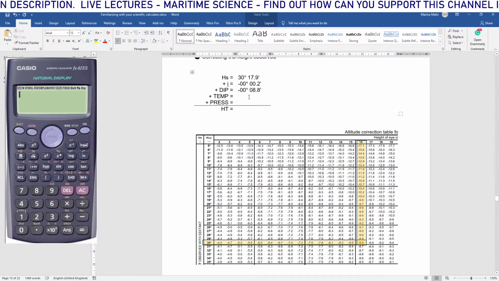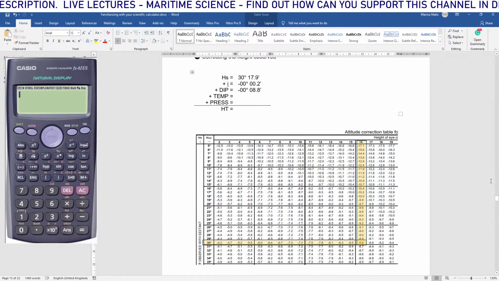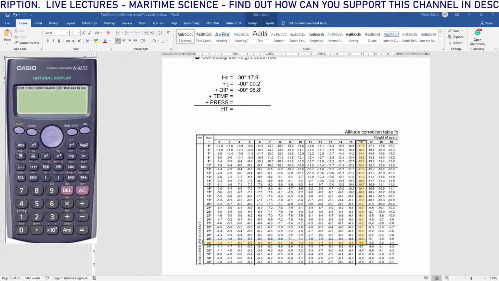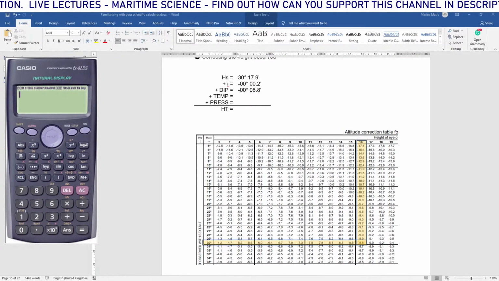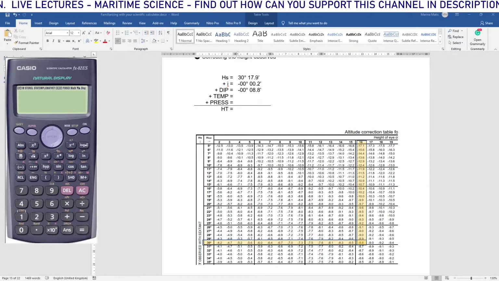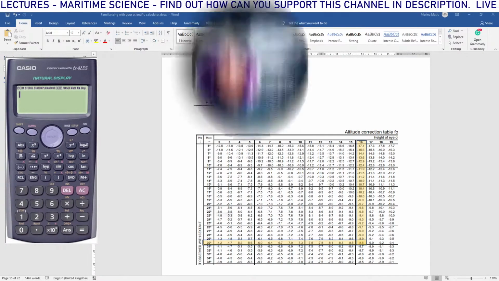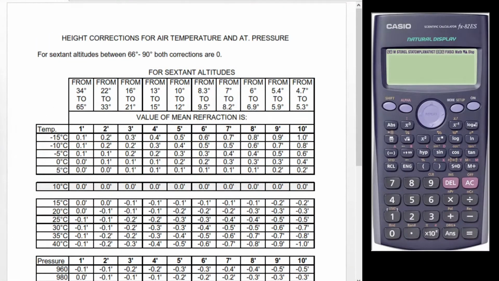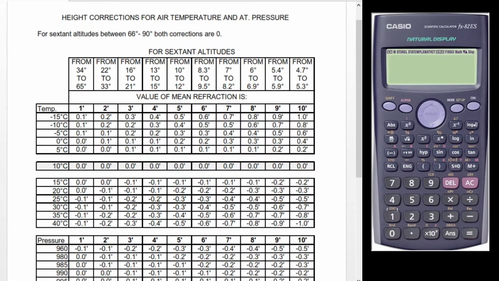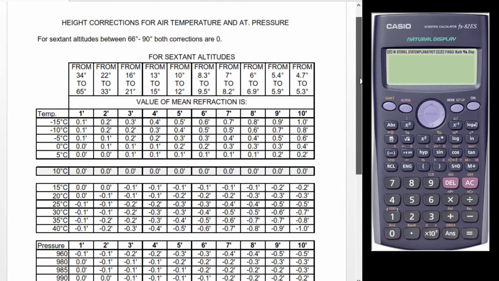Okay, so let's go to the temperature and pressure table. Let me see, I should have it open. Let me show you what I'm doing. I should take a screenshot of this, so I can use it in the textbook.